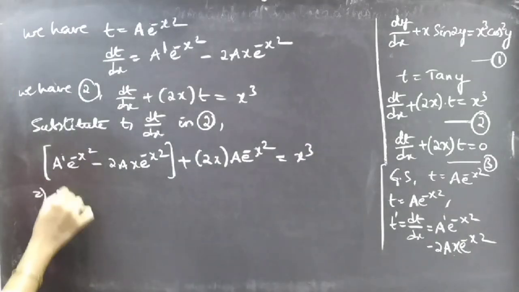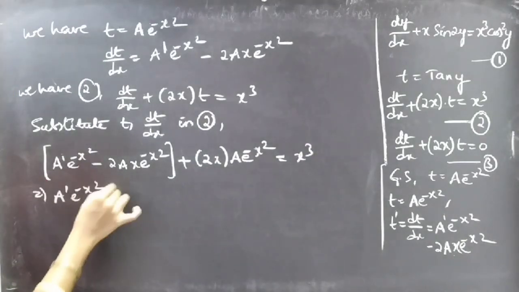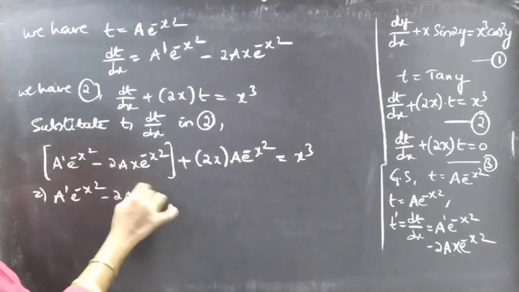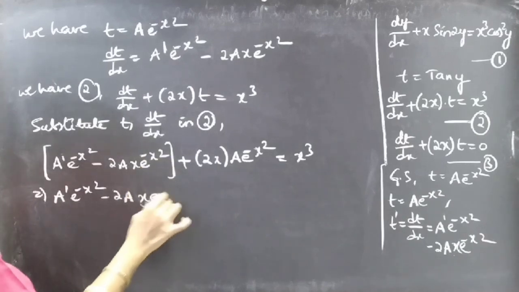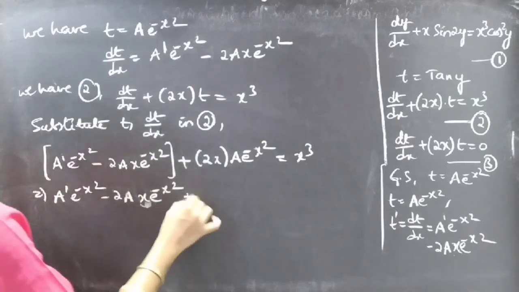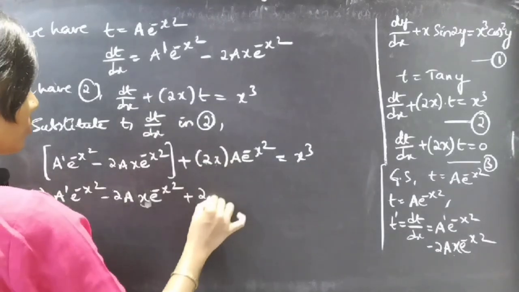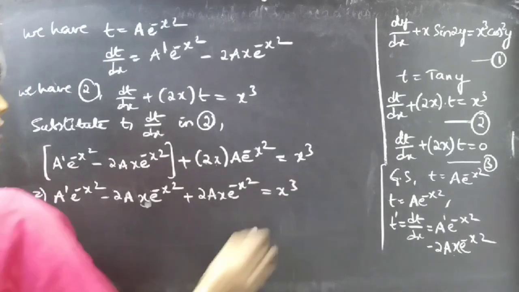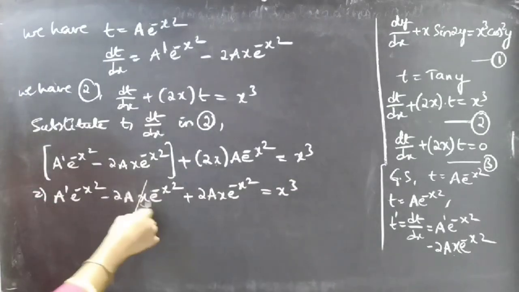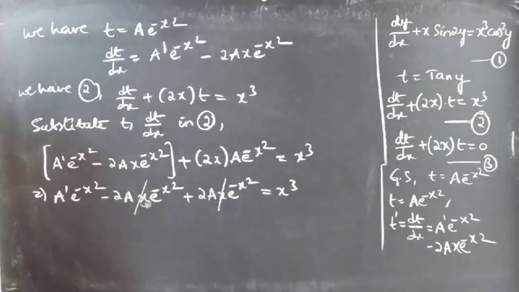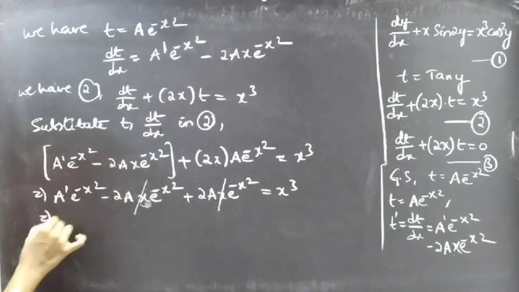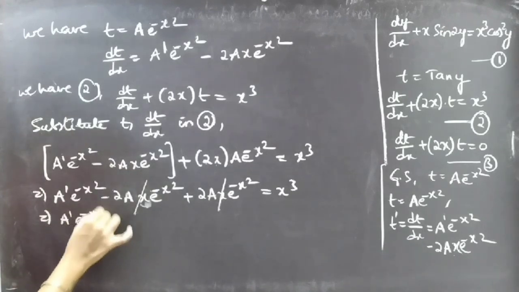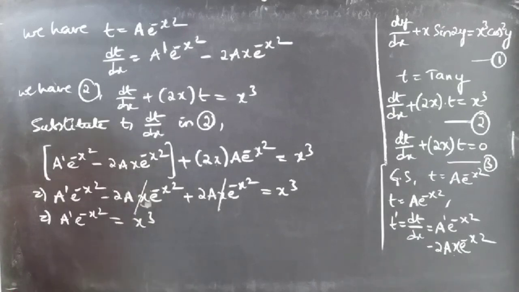This gives us a dash e power minus x square minus 2ax e power minus x square plus 2ax e power minus x square equal to x cube. Here minus 2ax e power minus x square and plus 2ax e power minus x square get cancelled and we'll get a dash e power minus x square equals x cube, right?